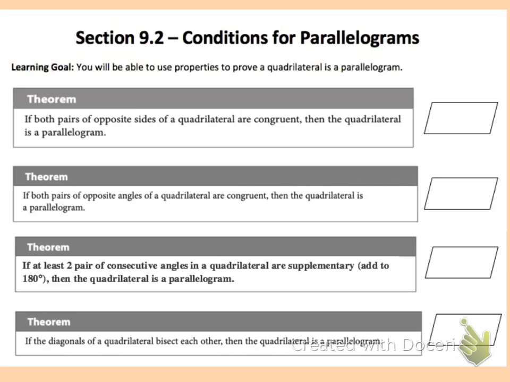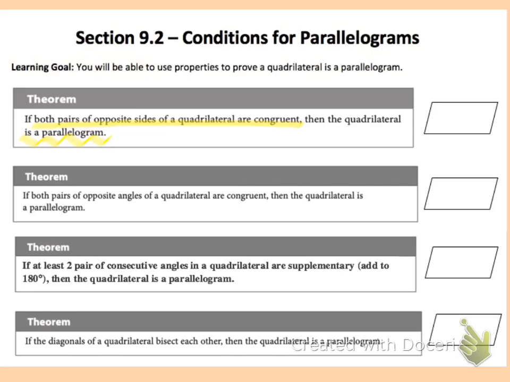So the first part of the theorem says this. If both pairs of opposite sides of a quadrilateral are congruent, then it must be a parallelogram. And if you look back at yesterday's lesson, that's basically the converse of the first part of the theorem we looked at.